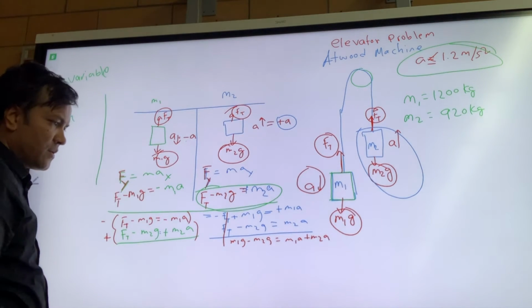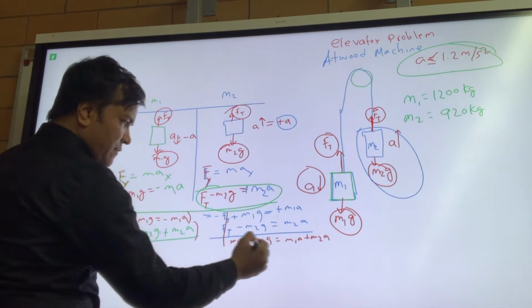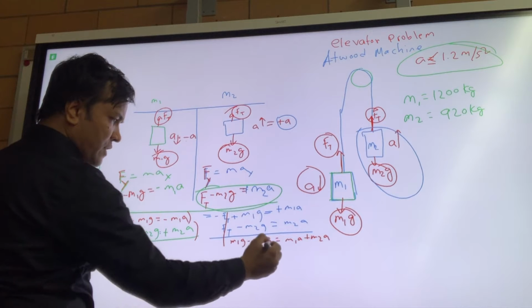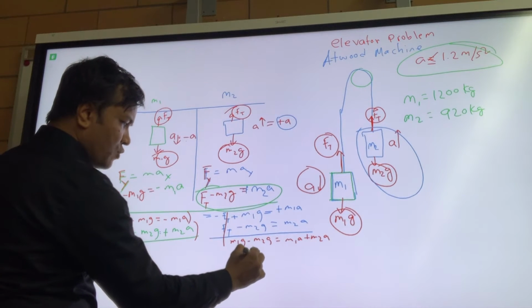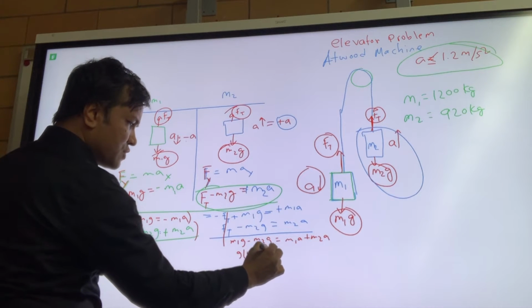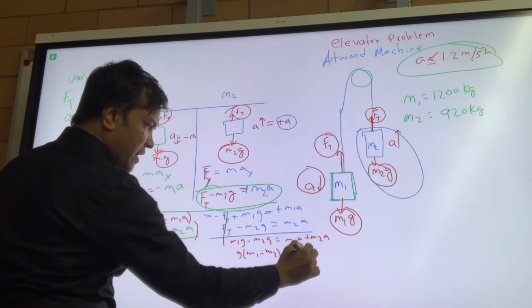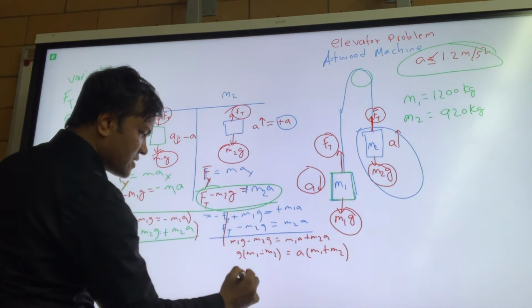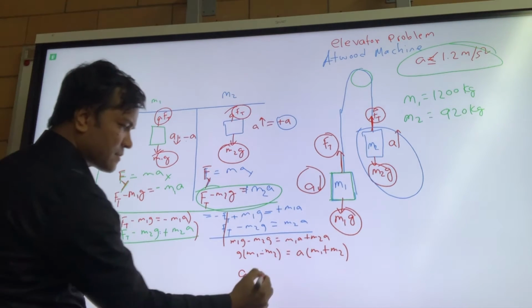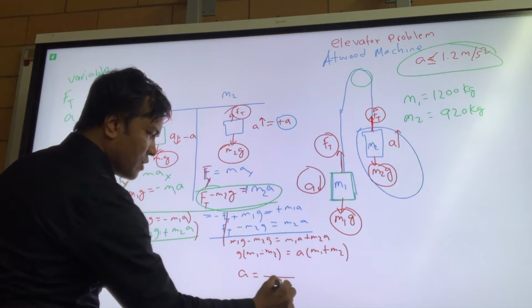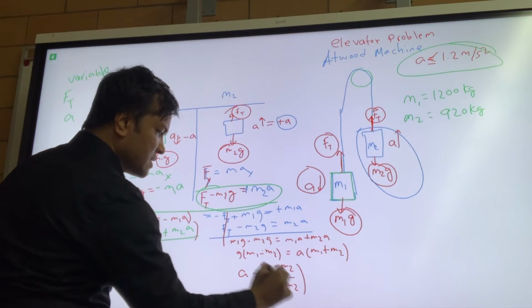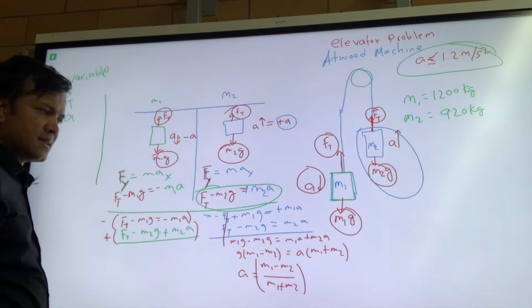All right, now I'm going to factor out g over here. So M1 minus M2 times g, and I'm going to factor out a, M1 plus M2. So acceleration is M1 minus M2 divided by M1 plus M2, times g.